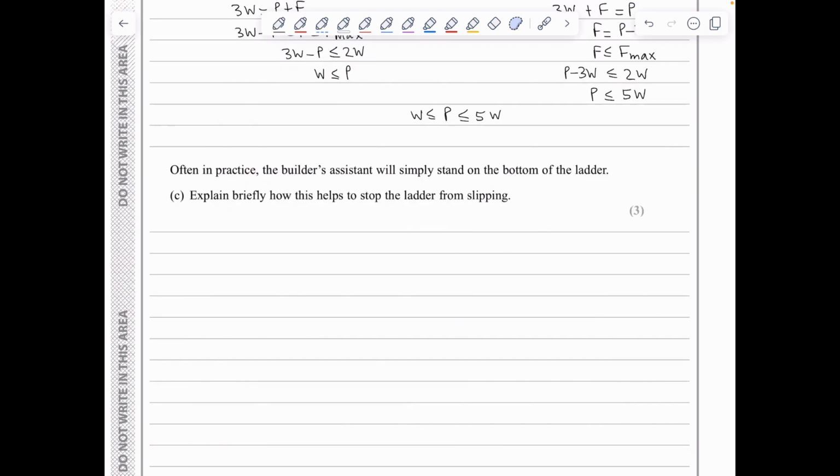Now, often in practice, the builder's assistant will simply stand on the bottom of the ladder, and we need to explain briefly how this helps to stop the ladder from slipping. Considering moments about A shows that the reaction at B will remain the same, because we eliminate the effect of the force applied by the builder's assistant.